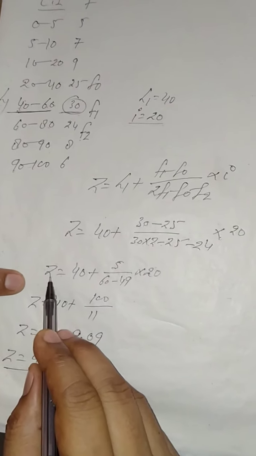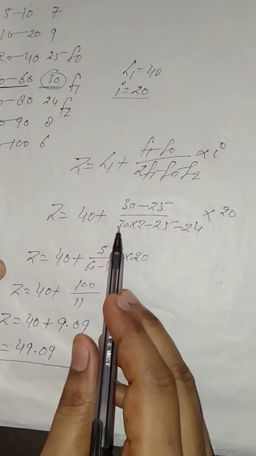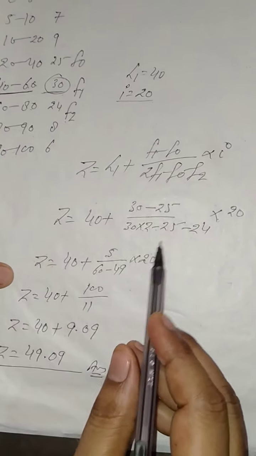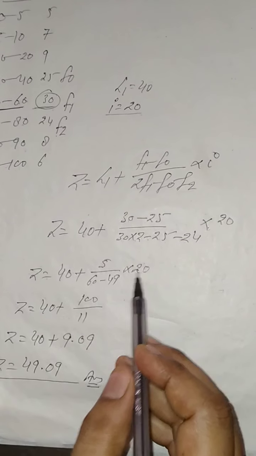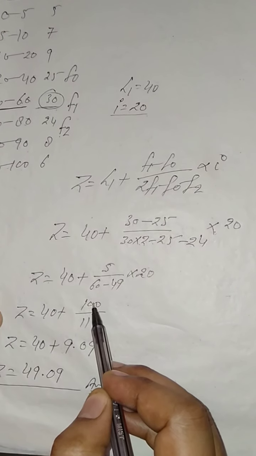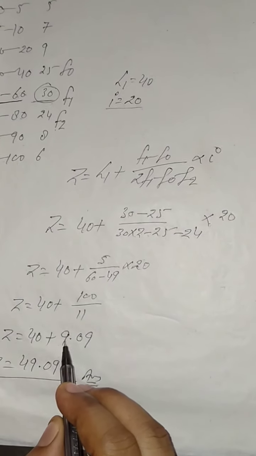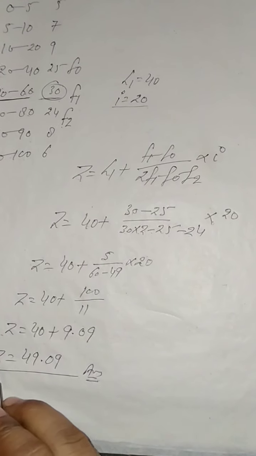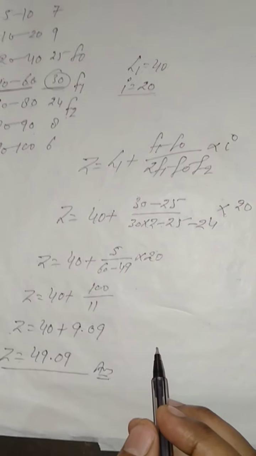After that you will calculate it. Z is equal to 40 plus 5 divided by 60 minus 49, into 20. So Z is equal to 40 plus 100 divided by 11, that is 40 plus 9.09. Z is equal to 49.09. That's the answer. Clear beta?